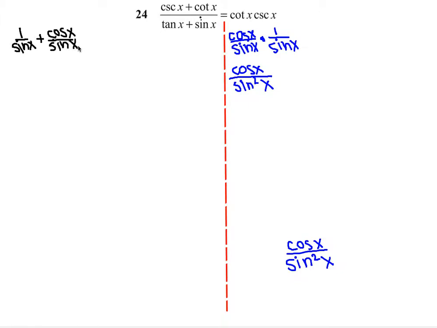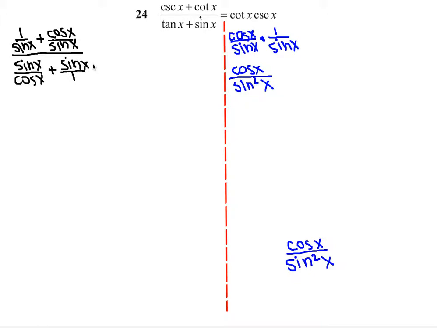Okay, and now that is all over tan, which is the same as sine x over cos x, and sine, which has a denominator of 1, if that helps visualize.